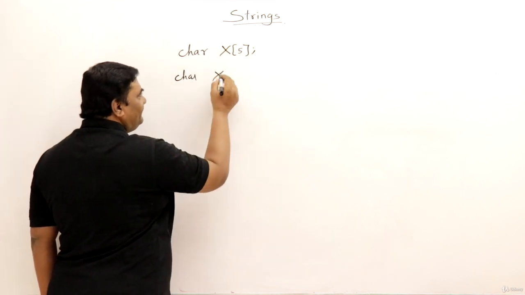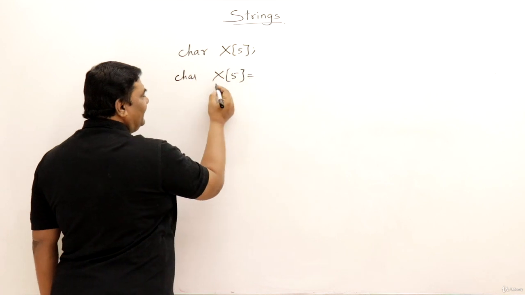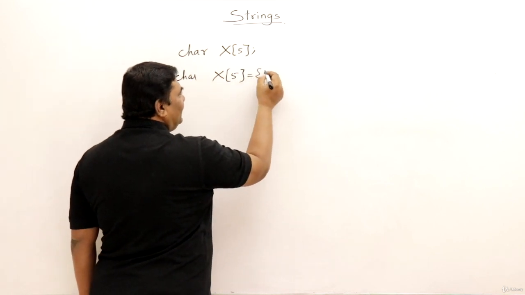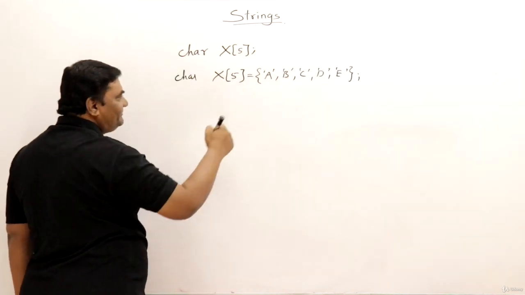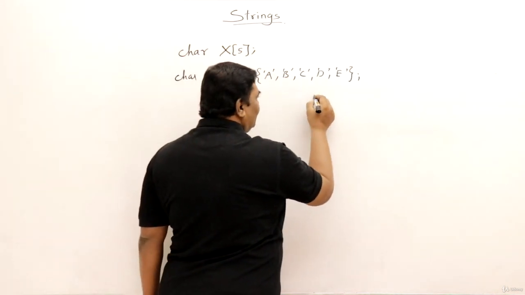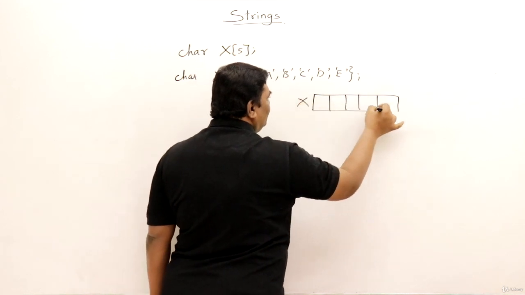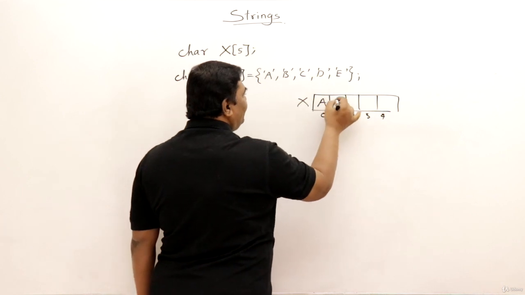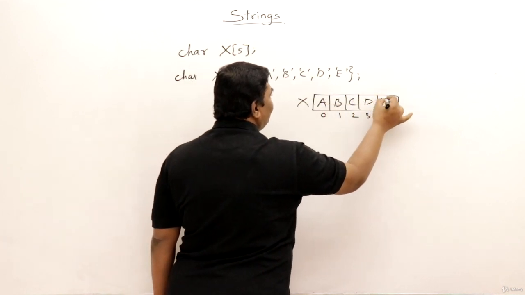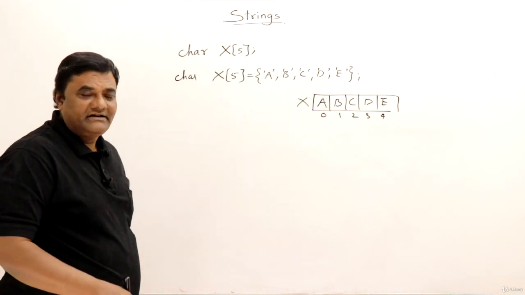I will take the same name X and size 5, and if I want to initialize, I can give alphabets. This is declaration plus initialization. So an array will be created with the name X, and it will have alphabets A, B, C, D, E. Actually, their ASCII codes will be present in that array.